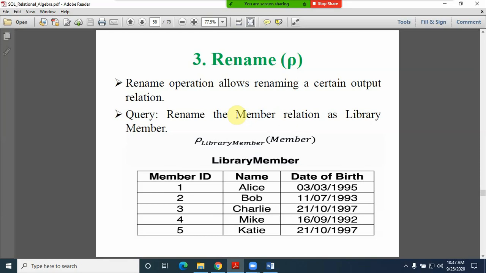This is sometimes called rho, friends, because in mathematical terminology we use alpha, beta, gamma, and rho, sigma, pi are the most frequently used terms. Those terms are used in relational algebra because relational algebra is built on top of mathematical concepts like algebra. How you perform and compute things, the same kind of options and representations we use in relational algebra.